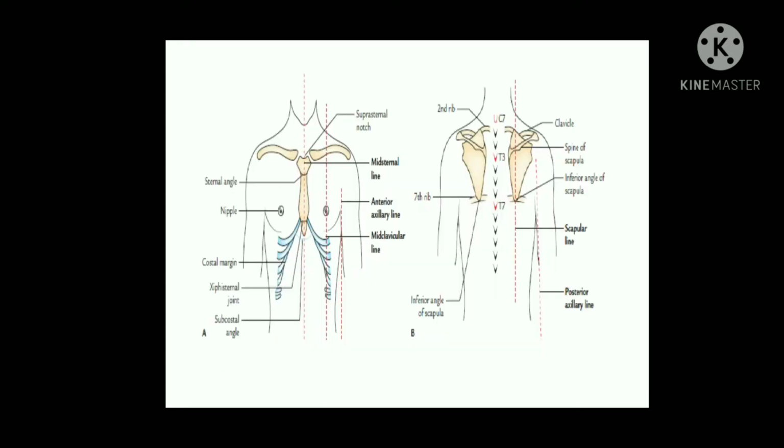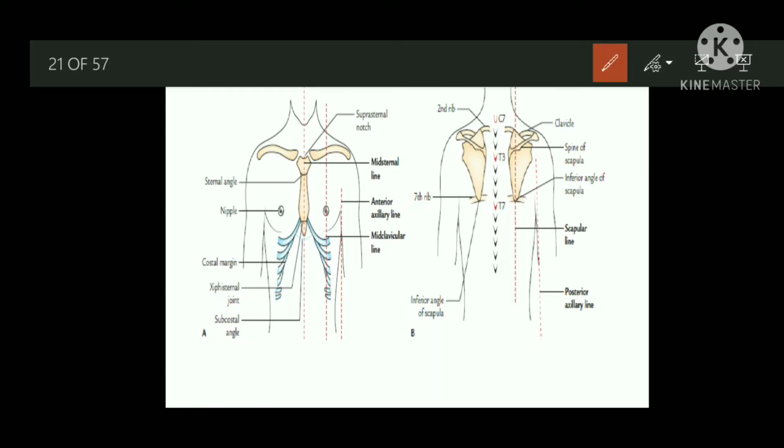Now come to the lines of orientation. There is a mid-sternal line that runs vertically downward in the median plane on the anterior aspect of the sternum. Next is the mid-clavicular line. This extends vertically down from the midpoint of the clavicle to the tip of the ninth costal cartilage and the mid-inguinal point.